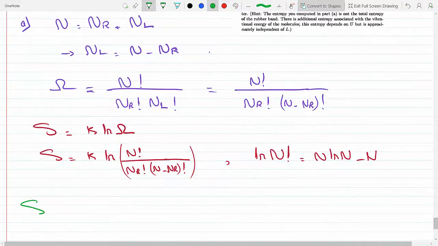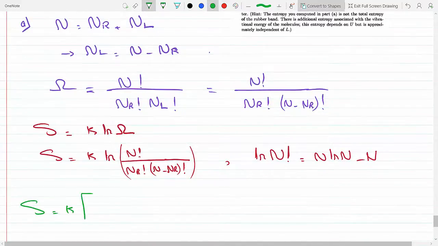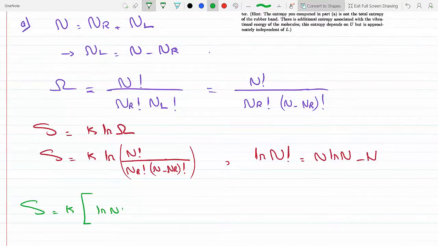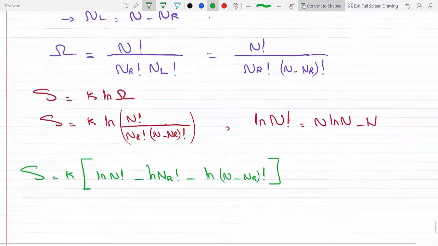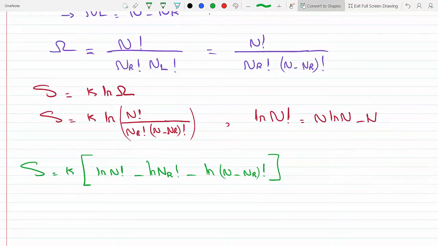So if I do that, I will get k times ln n factorial minus ln nr factorial minus ln n minus nr factorial. And now I will use Stirling's approximation on each one of these three terms, once on n, once on nr, and lastly on n minus nr.